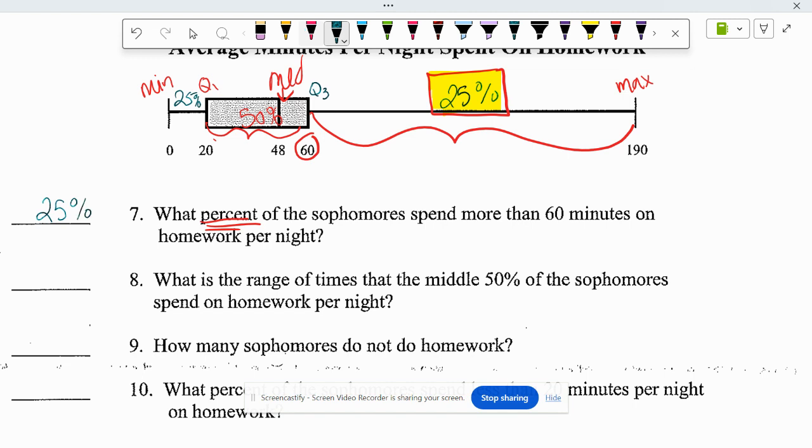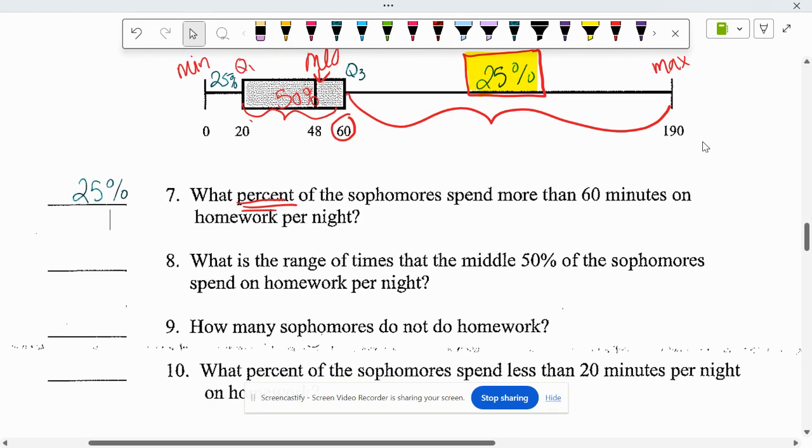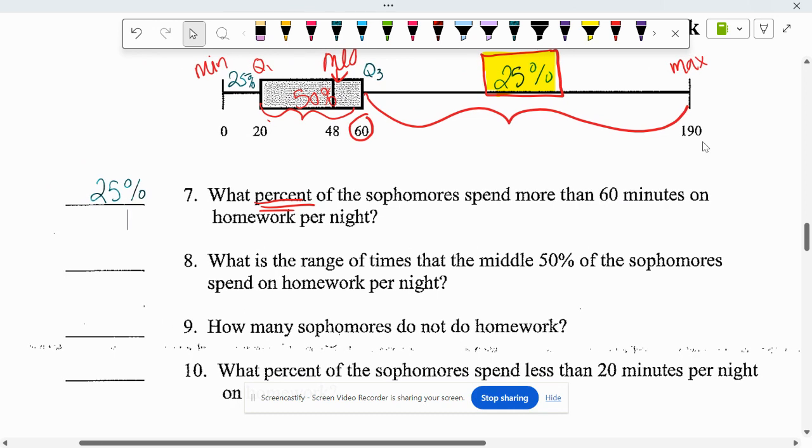Zan, this one's you. What is the range of the time that the middle 50% of the sophomores spend on their homework? So we're looking at the middle 50%. Do you see where that is? I want the range, Zan. We're in that middle 50%, which is your box, right?